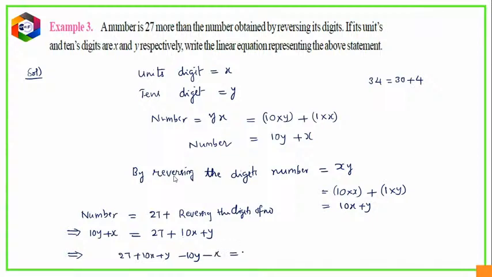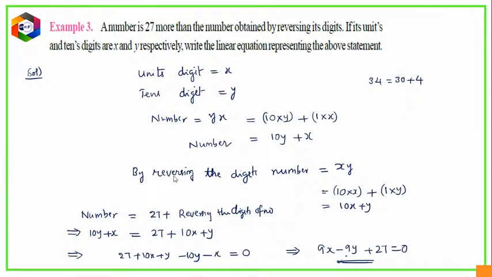On the other side it will finally be 0. Now simplifying, from 10x subtracting 1x, it will be 9x. Now plus y and minus 10y will be minus 9y, plus 27 equals 0. So this will finally be the linear equation in two variables.